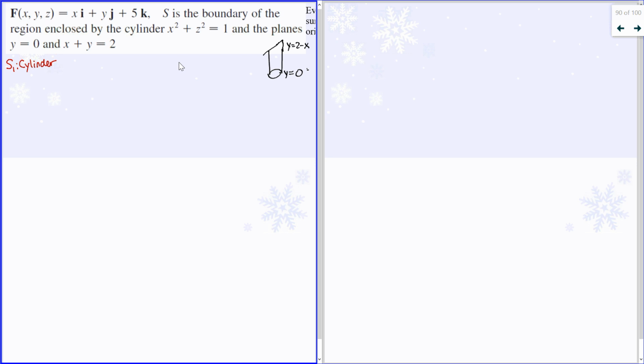So x is going to be cosine theta, or 1 cosine theta. Y, I'm just going to have the y. And z is going to be 1 sine theta. And then because we're going all the way around the circle, theta is going to go 0 to 2 pi.